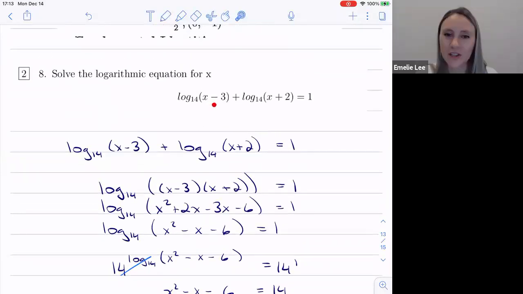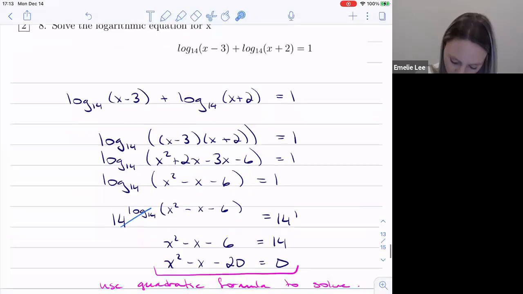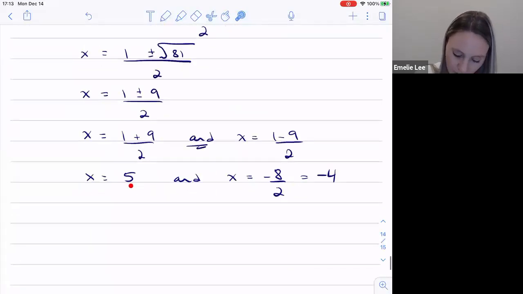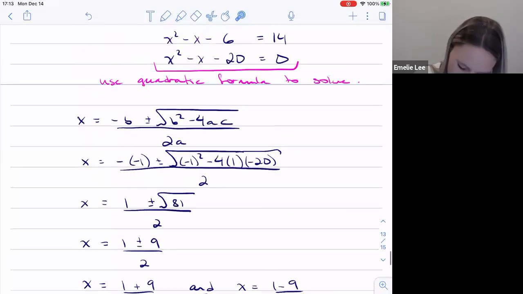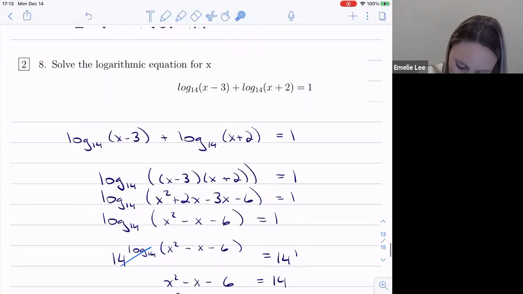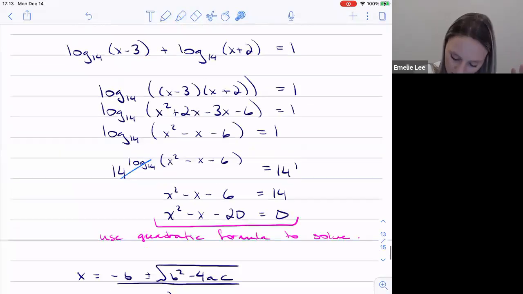Because I'm working in a log, I can't take the log of 0 or a negative number. So I want to make sure that, okay, 5, if I plug 5 in there, thank you. Rookie mistake I'm making here. 5 minus 3 makes a positive, so that's good. 5 plus 2 is definitely positive, so that's good.